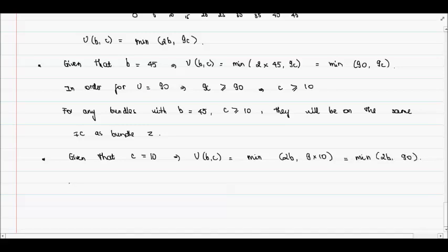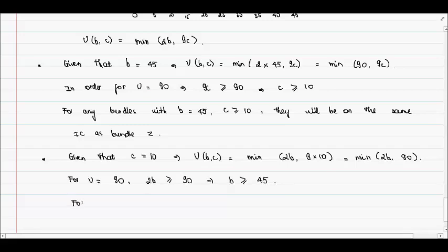In order for the utility to be equal to 90, 2B has to be at least equal to 90. Because if it is smaller than 90, then the utility level is not going to be equal to 90 anymore. So B has to be at least 45.